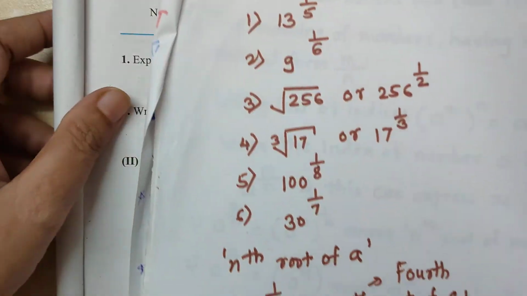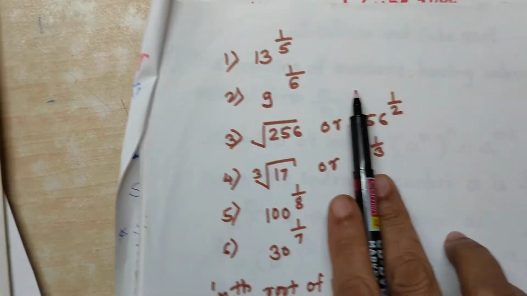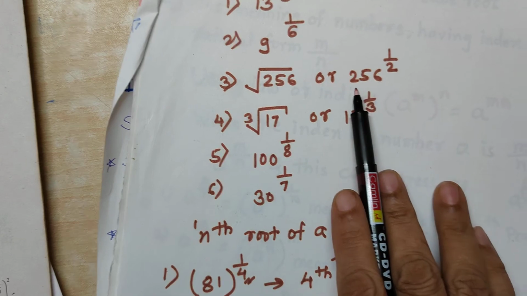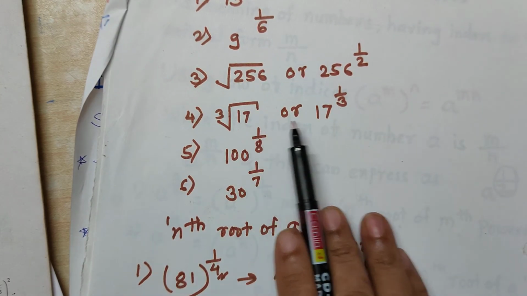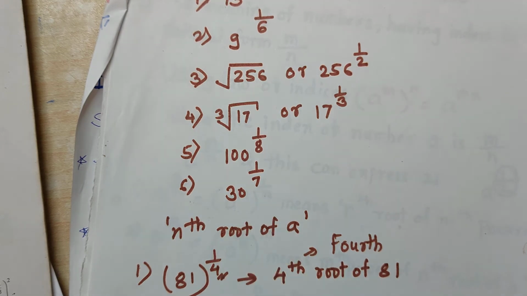I have written the answers here. 5th root of 13, 6th root of 9, square root of 256, cube root of 17, 8th root of 100 and 7th root of 30.